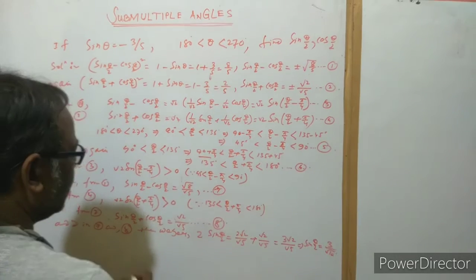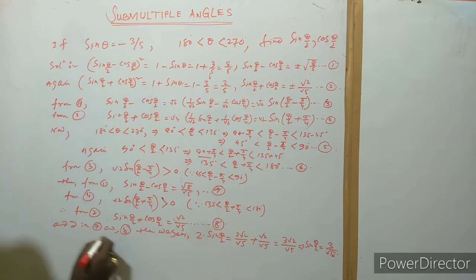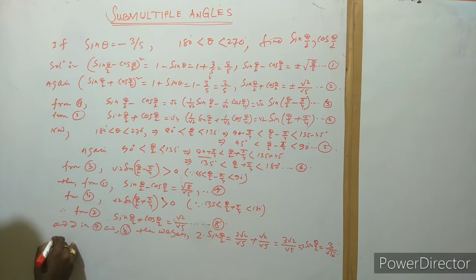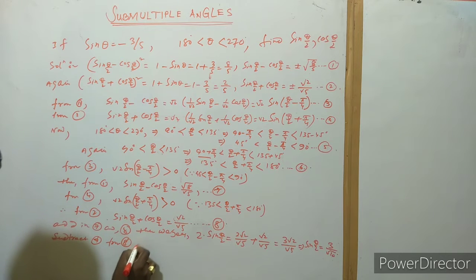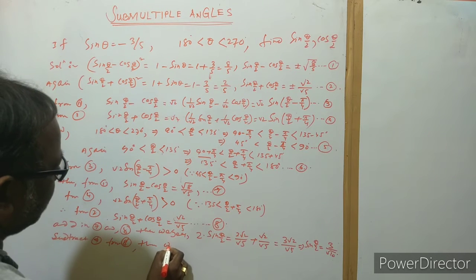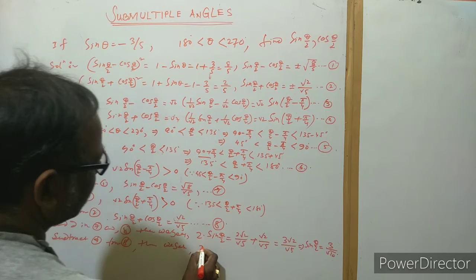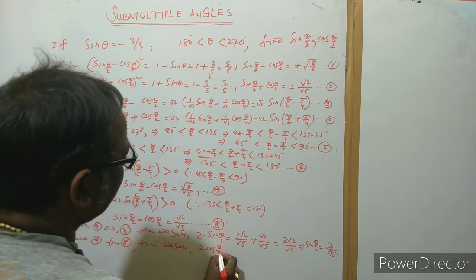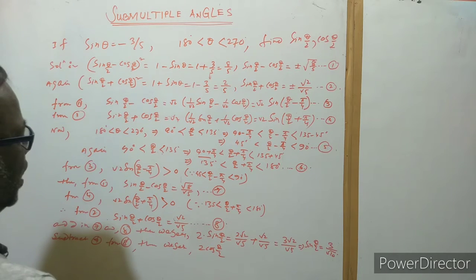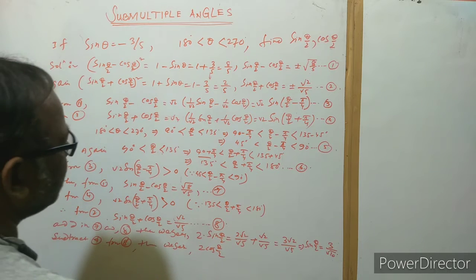Okay. So adding this, okay, subtract 7 from 8, then we get cos of theta by 2, this is this minus this, we can take 2 times of that.